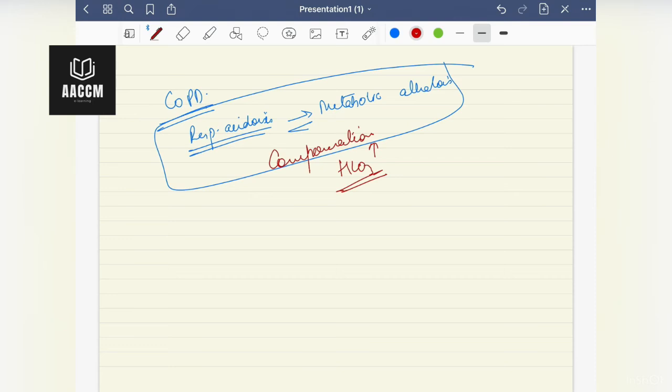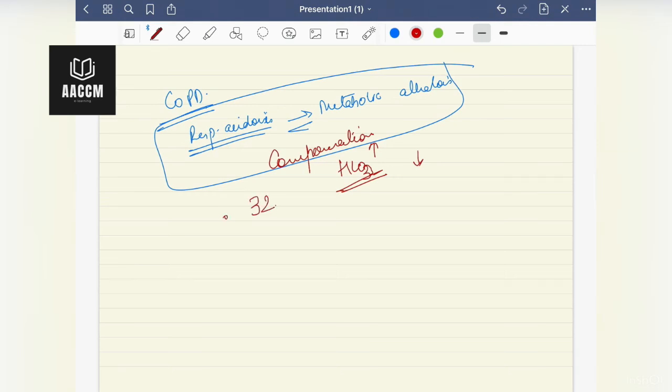Now, if this patient develops a metabolic acidosis, there will be only a slight change from the normal values. Now imagine that the bicarbonate values in the body are already 32.